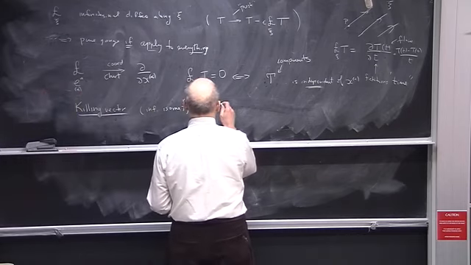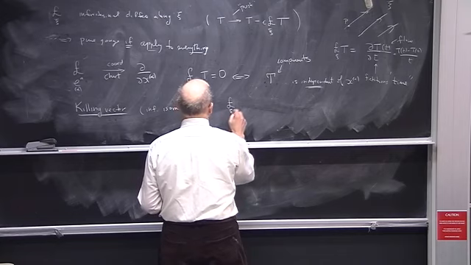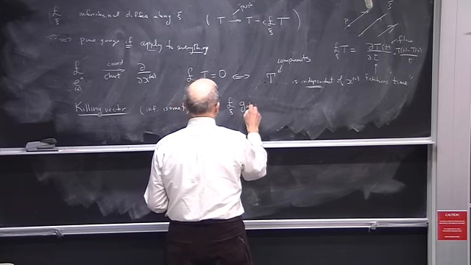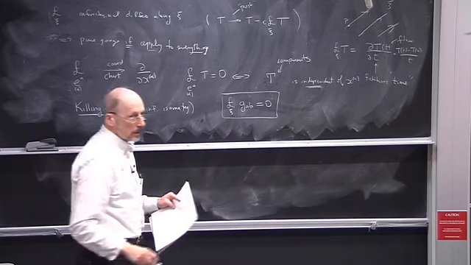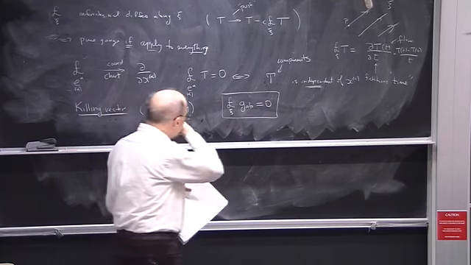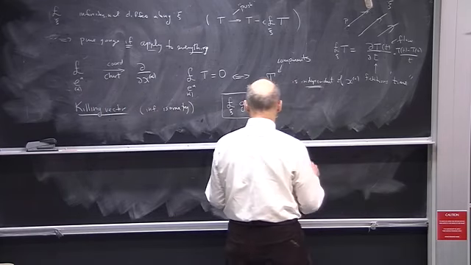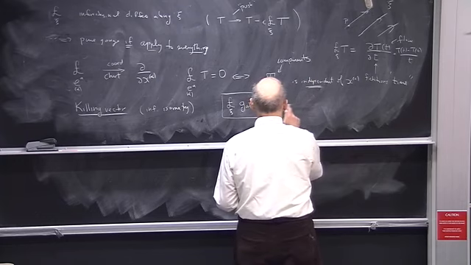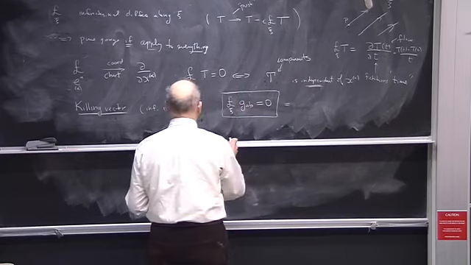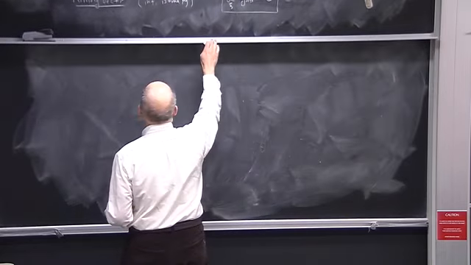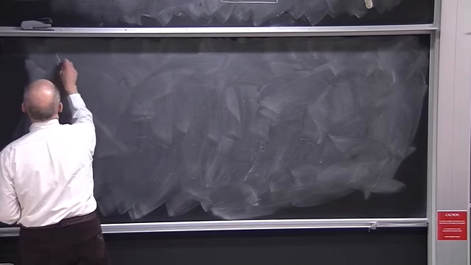So we say that C is a Killing vector if and only if the Lie derivative of the metric with respect to it is 0. So that's the definition of a Killing vector. If we write out what that means, using these rules, what is the Lie derivative of the metric in general?